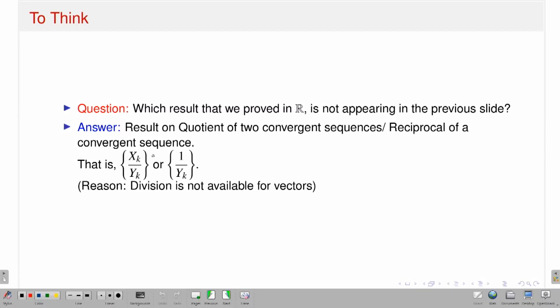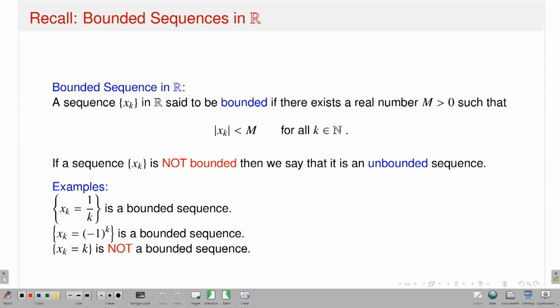So I cannot ask questions like when the division will converge to some limit. That notion is missing in the context of Rn, because I do not have the notion of division of two vectors.